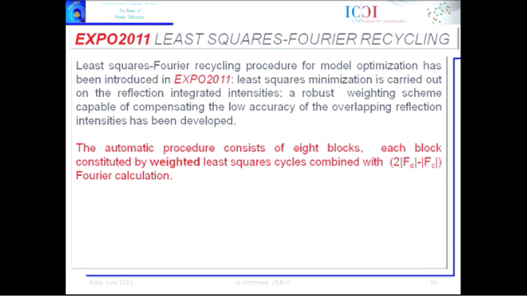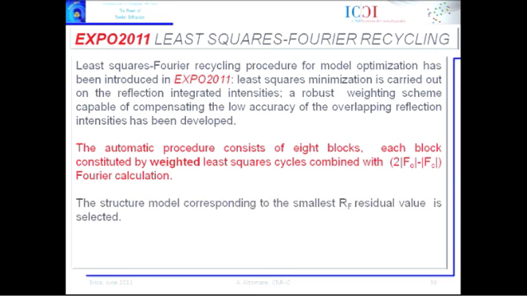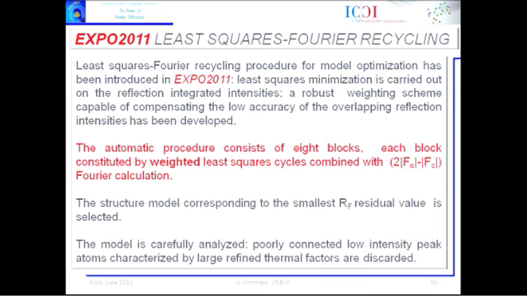The procedure consists of 8 blocks, each block constituted by weighted least squares and successive 2Fo minus Fc map, in order to obtain missed positions. At the end of the 8 blocks, the model corresponding to the best RF value is selected. It is further analyzed. Poorly connected atom peaks corresponding to low intensities and large refined isotropic thermal factors are rejected.